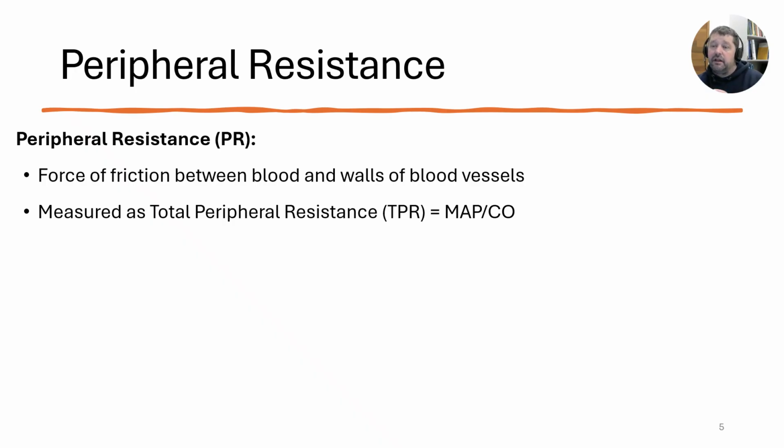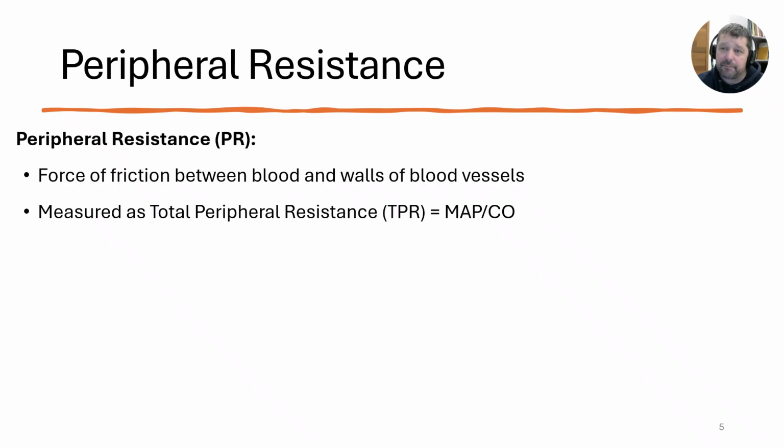So the less the diameter, the more constricted it is, the greater the resistance might be. And so often we're actually after the total peripheral resistance. Maybe we're interested in the peripheral resistance of a certain artery, maybe the aorta, but we'd have to know values directly related to the aorta. If we know the total peripheral resistance, it can give us an idea of what's going on.